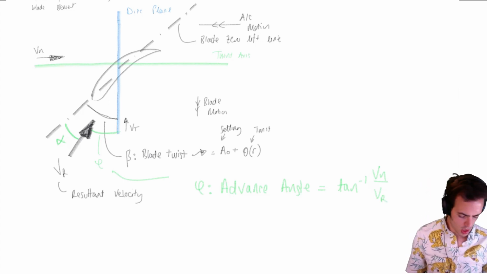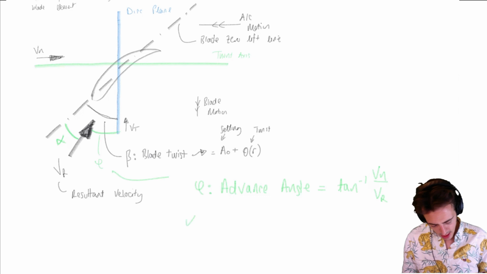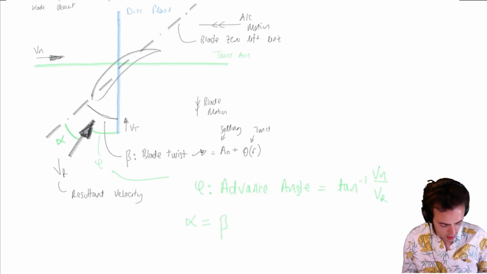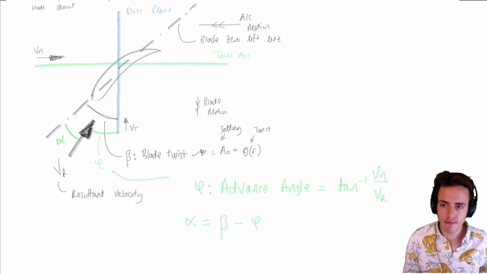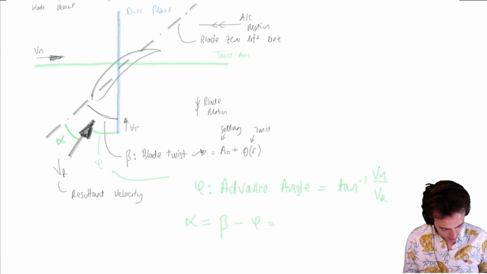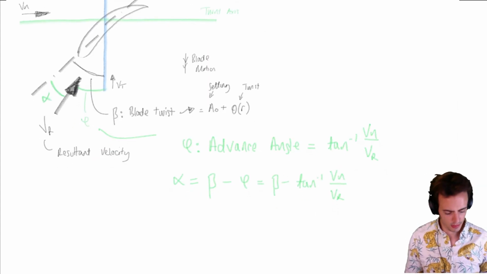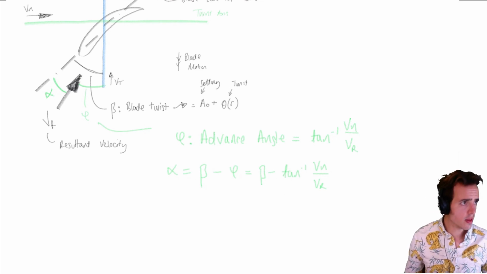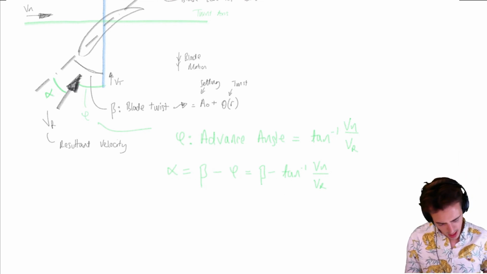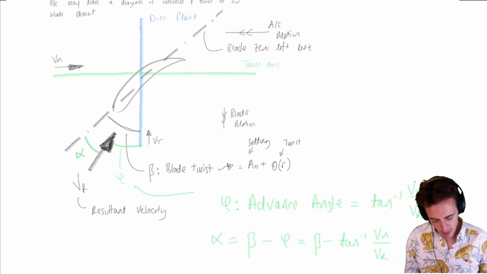Okay? We can probably see that our resultant angle of attack is going to be equal to whatever our inbuilt twist is minus the advance angle here. So that's beta minus the arc tangent of Vn on Vr. Okay, so this gives us the angle of attack of our blade element.